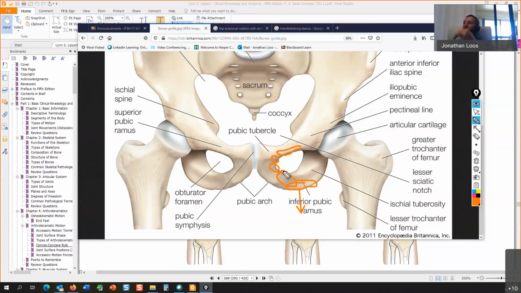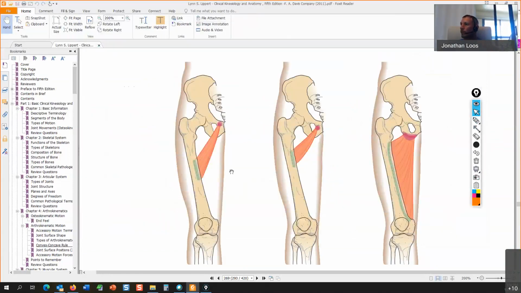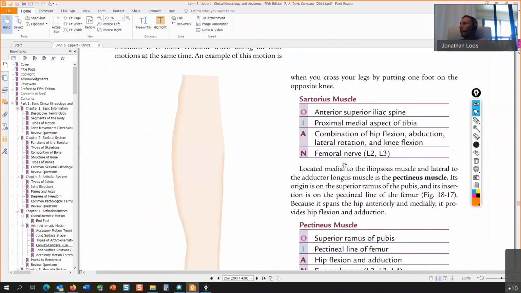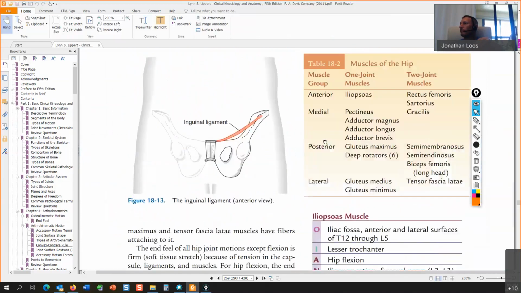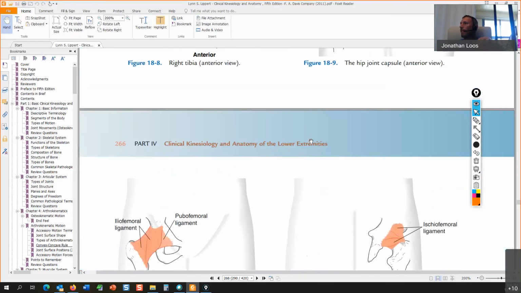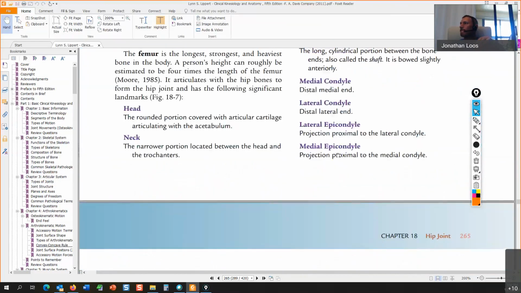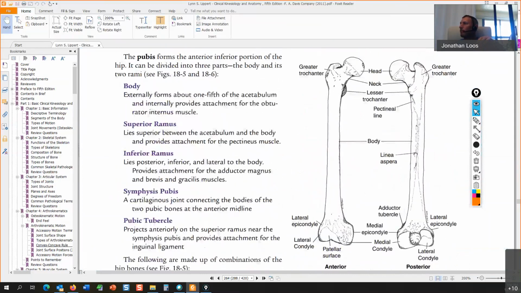And then all of these are inserting down through the linea aspera that we looked at before. Let me get back to that image. When we looked at the femur before, when we looked at the structure, right here, that linea aspera, this is the common attachment site where all these adductors are coming in.